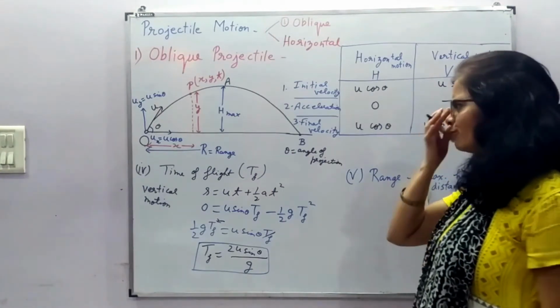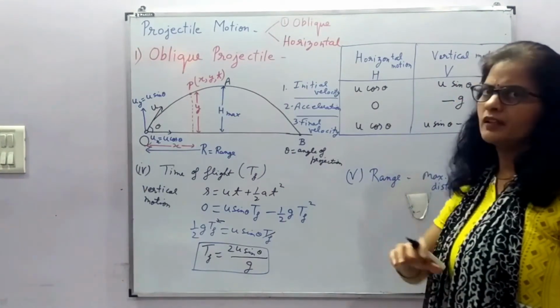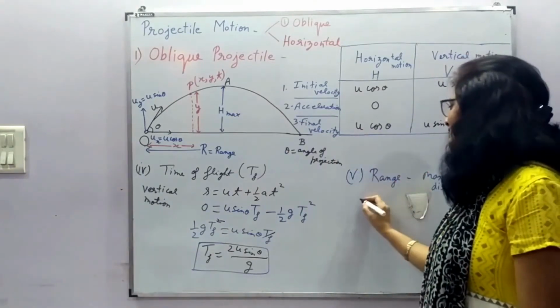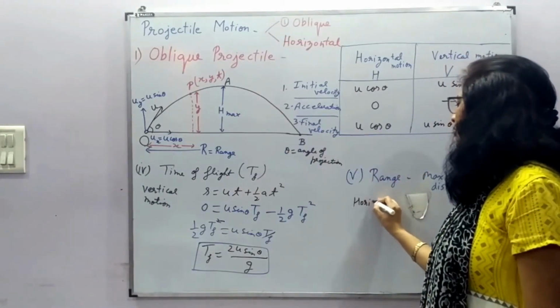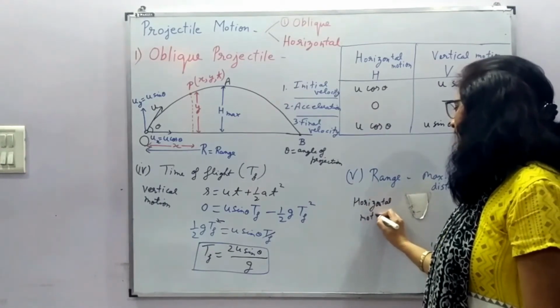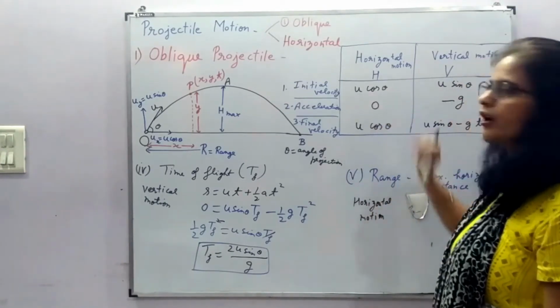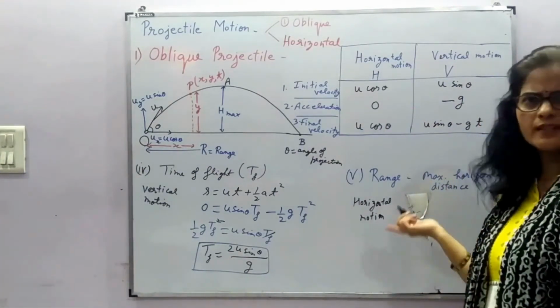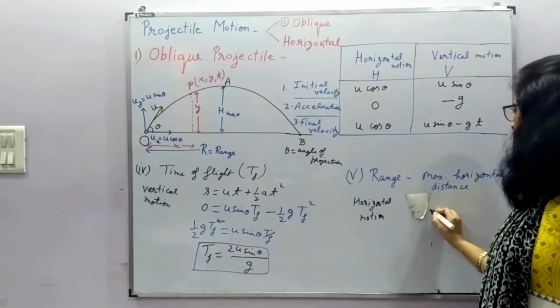Now for range, what motion should I consider? I think it must click your mind instantly that when we are considering the horizontal distance, we'll consider horizontal motion. That means we have to refer to this horizontal motion table. Now, in horizontal there is no acceleration.